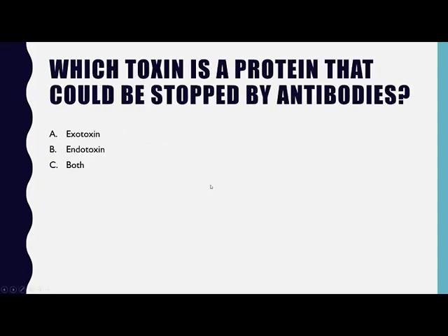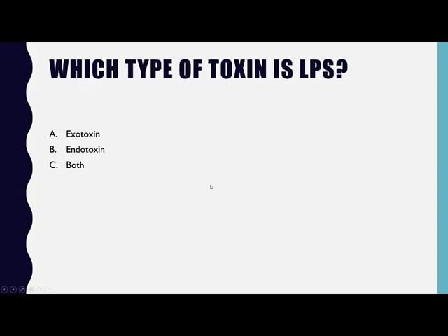Which toxin is a protein that could be stopped by antibodies if only the host could make them in time? Exotoxin, endotoxin, or both? A, exotoxin. Yeah, it's released. Okay. Which type of toxin is LPS? A, exotoxin, endotoxin, or both?